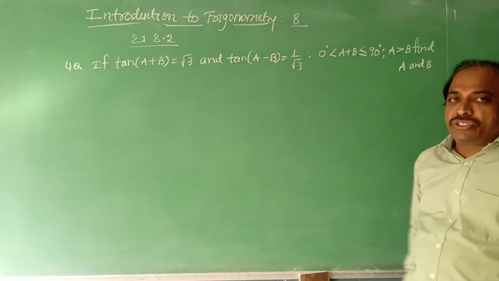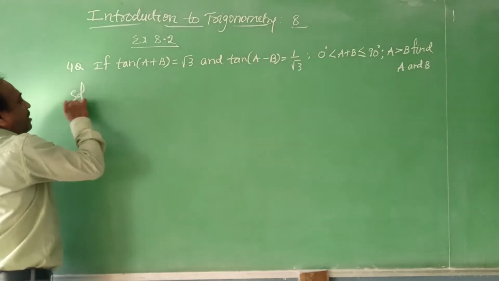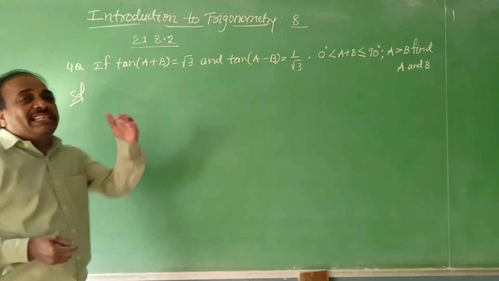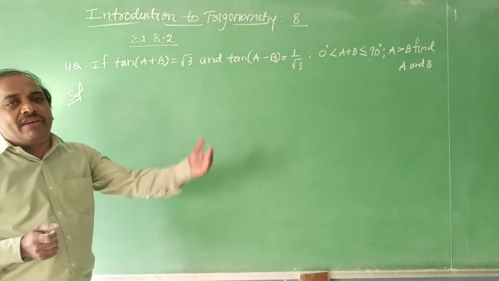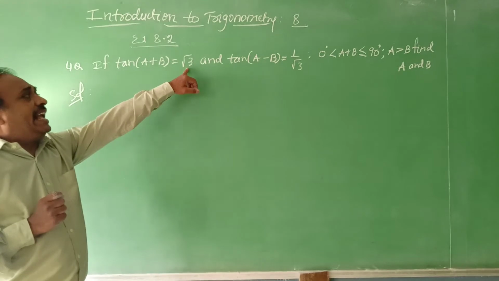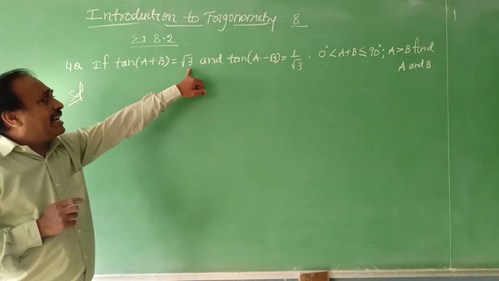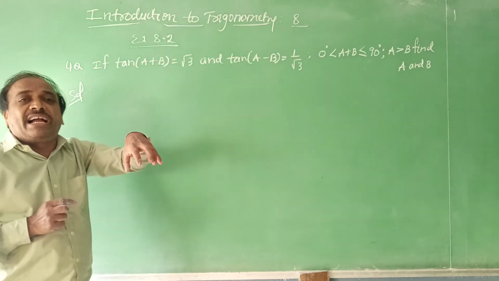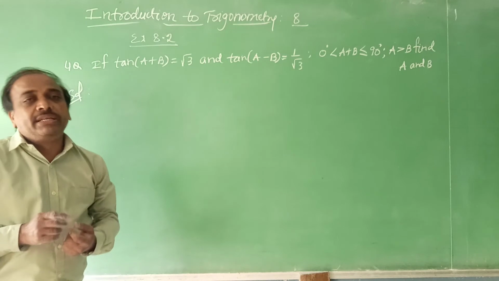Now we look into the question: for which trigonometric ratio in tan, whether tan 30 or tan 60 or tan 45, do you get root 3?